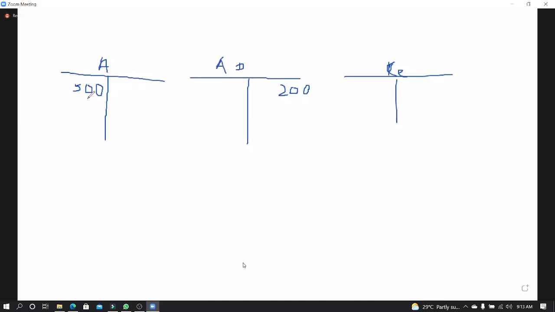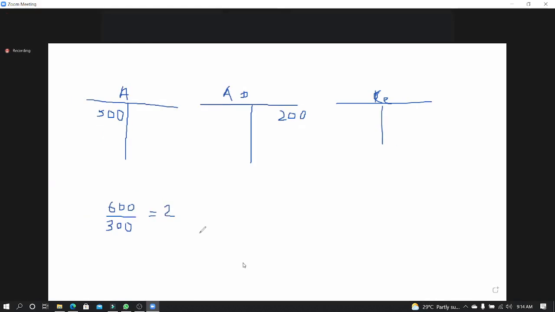We have to calculate the ratio. So we have to divide the revaluation amount by carrying amount, that is 300. How do we get 300? 500 minus 200, 300. This is 2. So this is a special ratio.